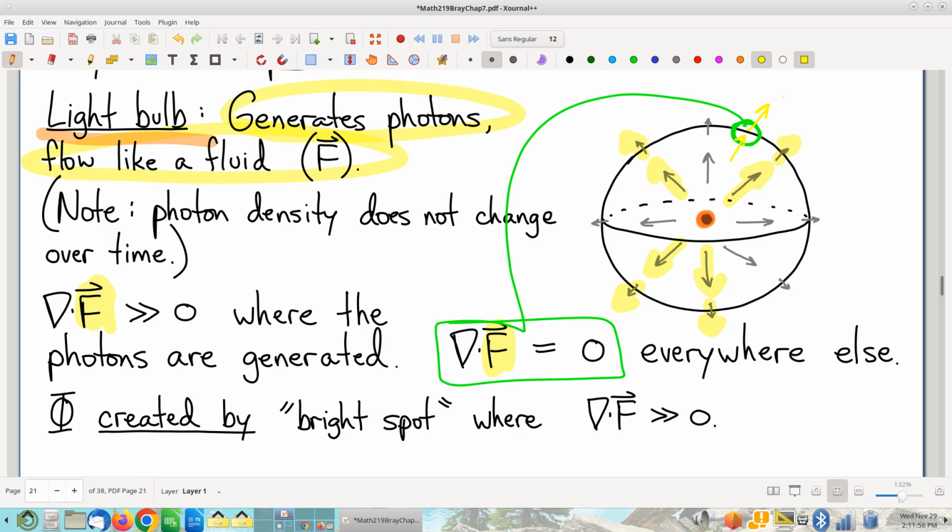Okay. So what about now instead, let's look around this little sphere here, centered around the LED little light bulb. How much flux is there going through this sphere? Well, very importantly, the light source is on the inside of this sphere.